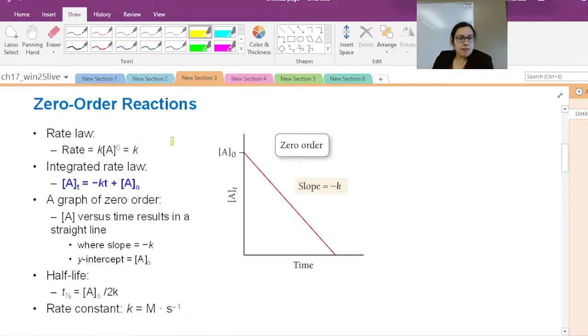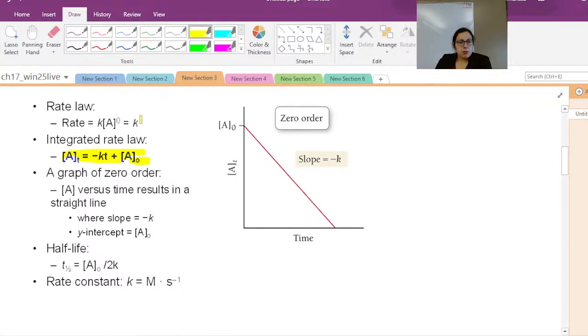So we have our rate law, and then we take the integral of it and get back to here. Now we're saying that the concentration of A at any point in time is equal to negative KT plus whatever our initial concentration is. So that's for our zero order.